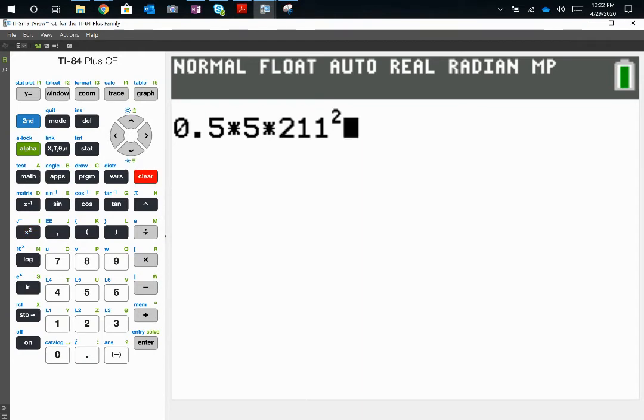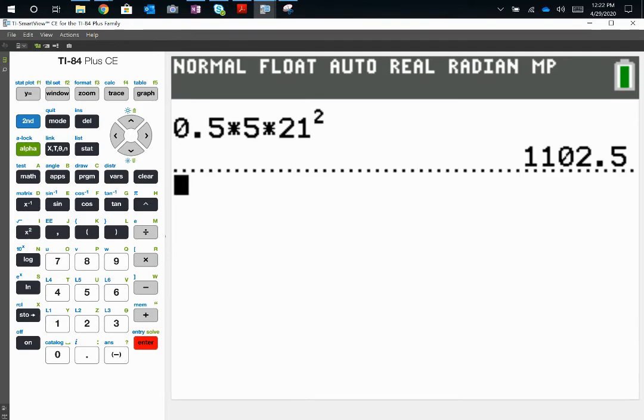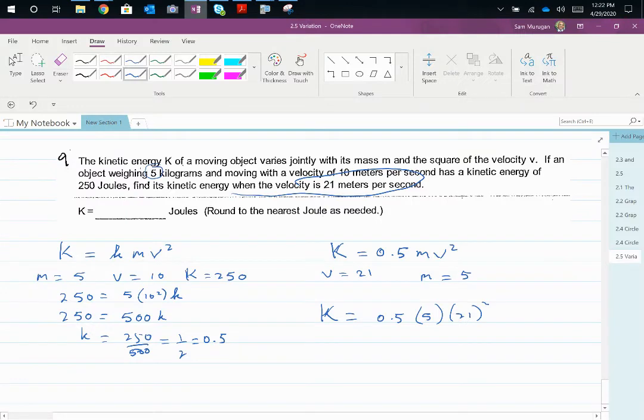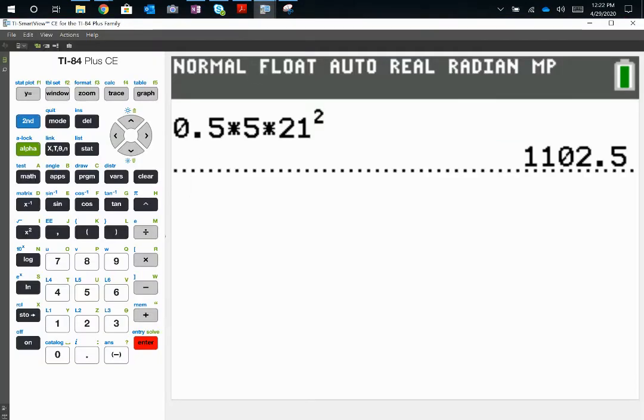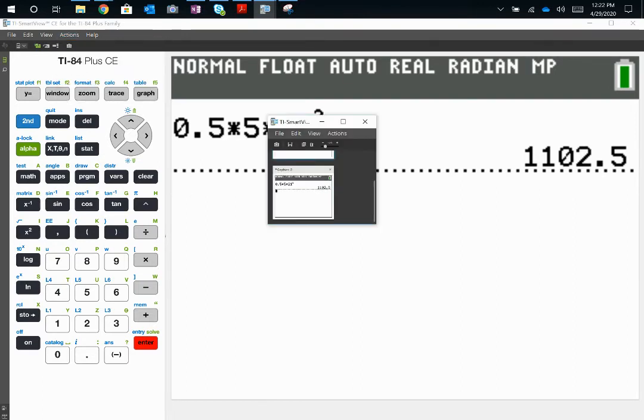That's 1102.5. Why don't we put that computation in the notes.